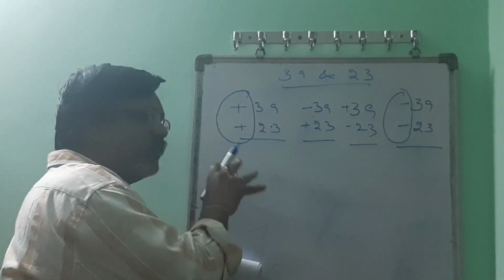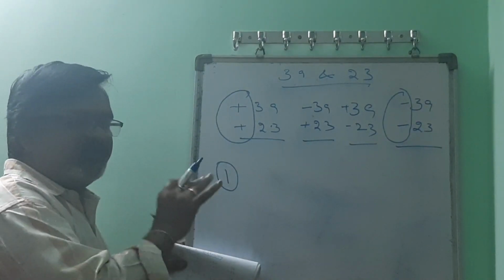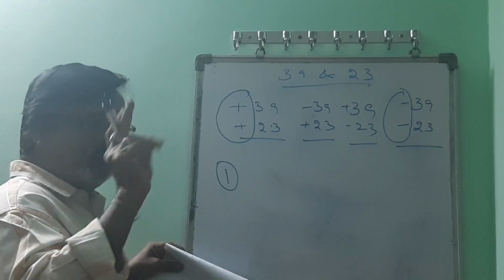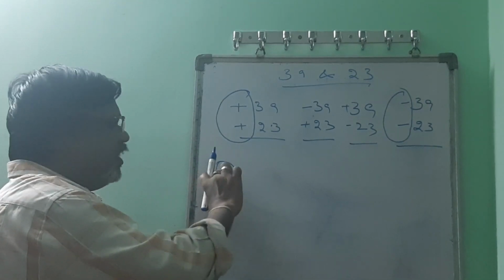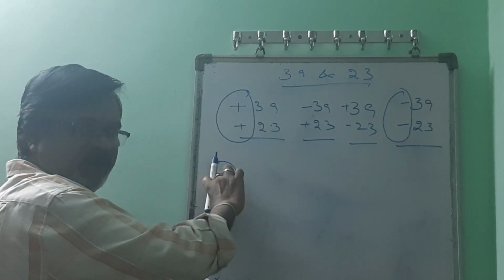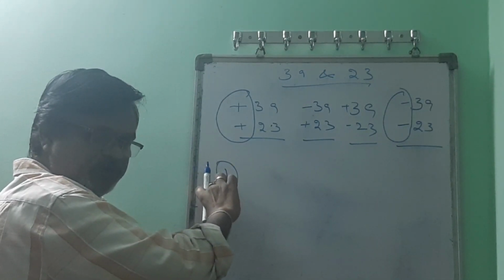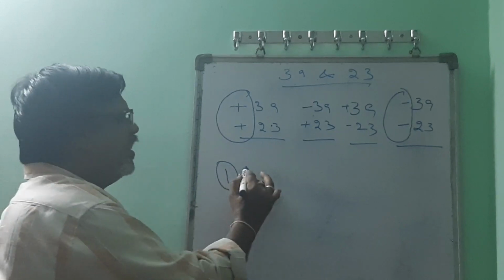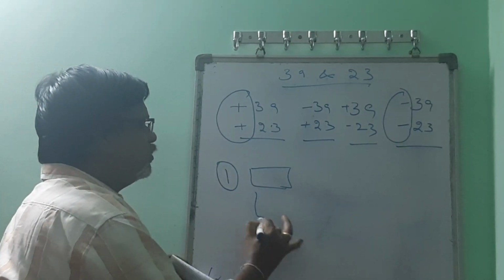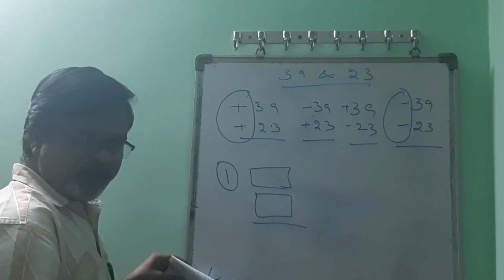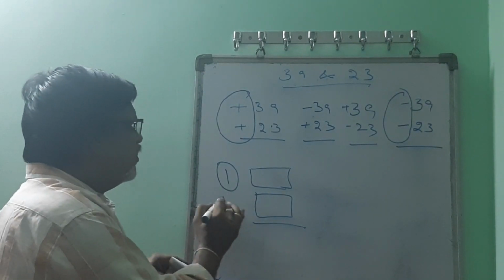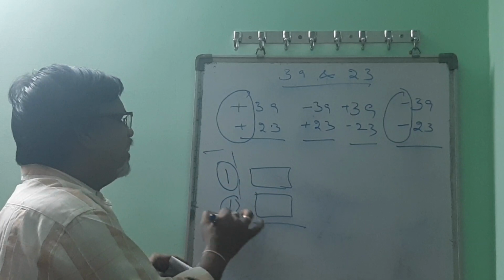Whenever the computer is going to perform arithmetic operations between two numbers, it will first check the sign bit. If both sign bits are equal, meaning both are positive or both are negative, then it will consider the magnitude part and perform the addition operation, and the result will carry whatever the sign is.